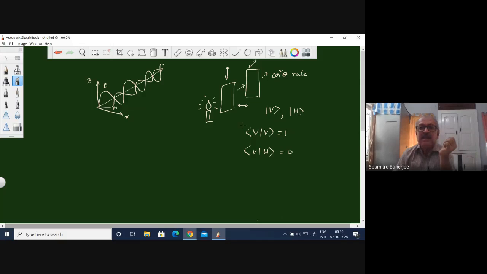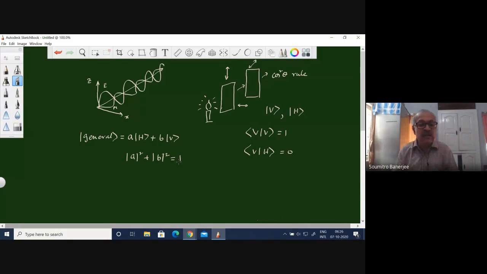So this effectively lets us define the basis on which any arbitrary state is given. Any arbitrary state, say general, can be defined as some number A times the horizontal plus another number B times vertical, where A and B only have the constraint that mod A square plus mod B square is equal to 1.